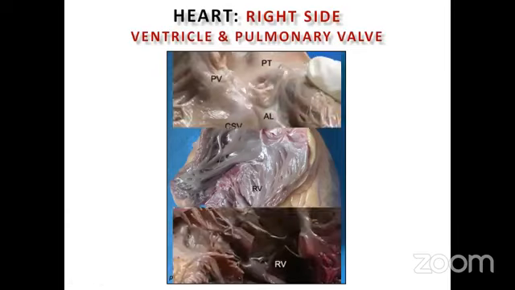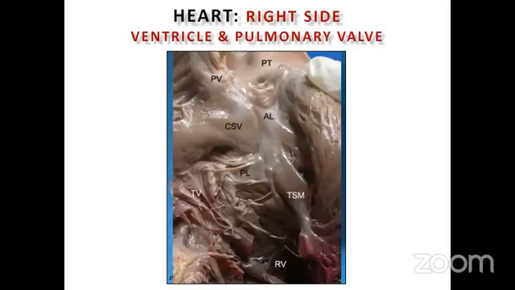I told you that just like the inflow portion, the outflow portion of the right ventricle also shows additional muscular bands, and it does not appear coarsely trabeculated. Now, which are these muscle bands?